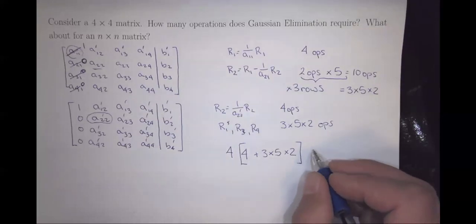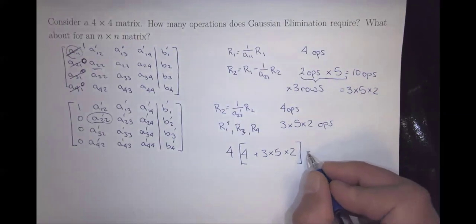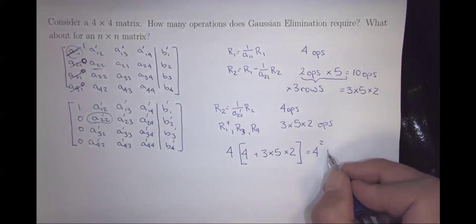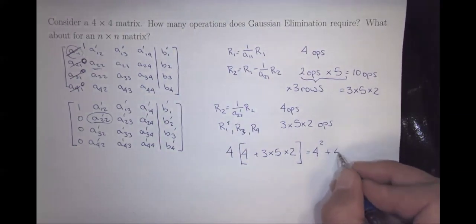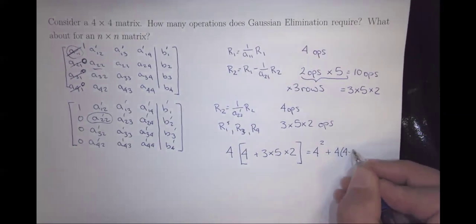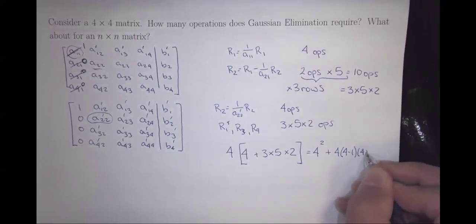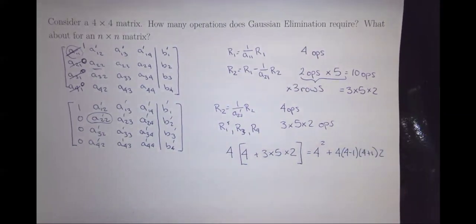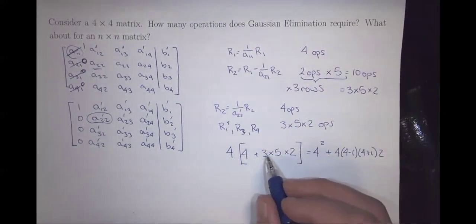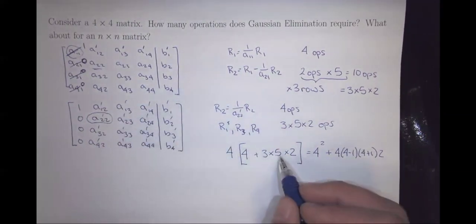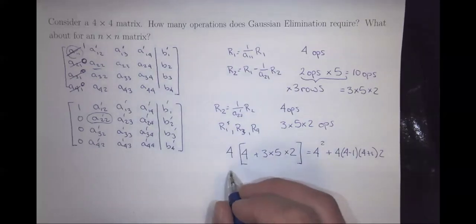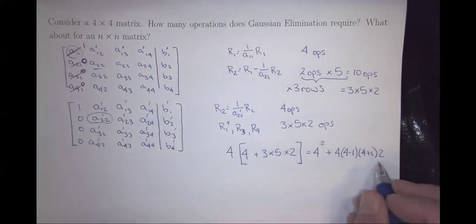But we do have something that looks like 4 squared plus 4 times 4 minus 1 times 4 plus 1 times 2. Right? Because our 3 is going to change depending on how many other rows we have. Our 5 is going to change depending on how many other columns we have. And so in this case, we can figure out what it is.